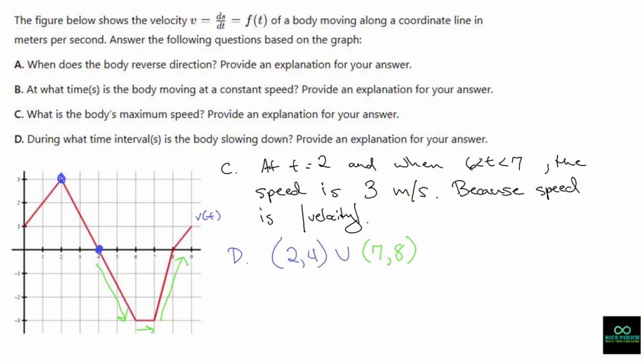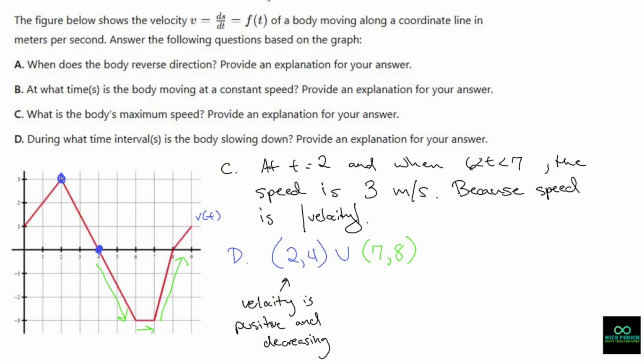So the explanation for the first one is that the velocity is positive and decreasing.